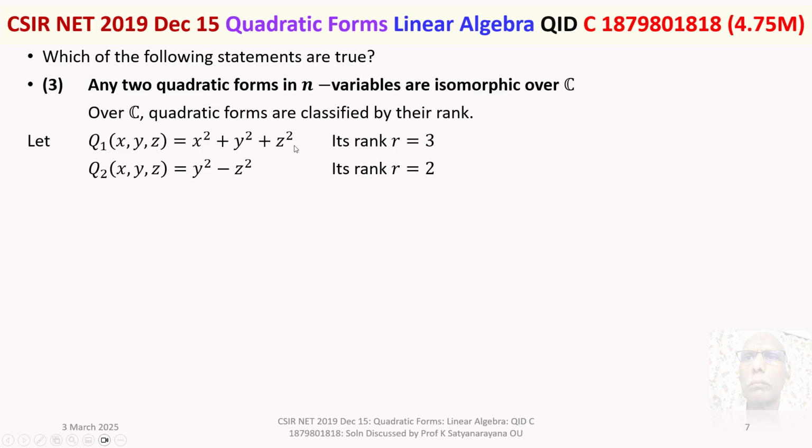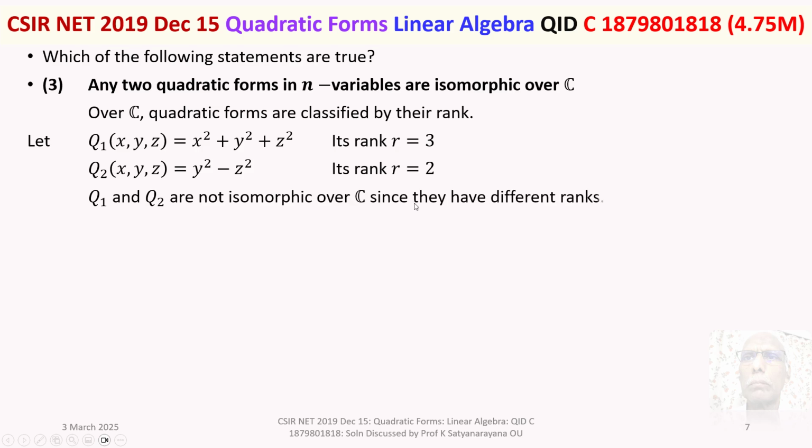So they have different ranks over the complex field. Therefore, by result 2, Q1 and Q2 are not isomorphic over C since they have different ranks. Therefore, option 3 is not true.